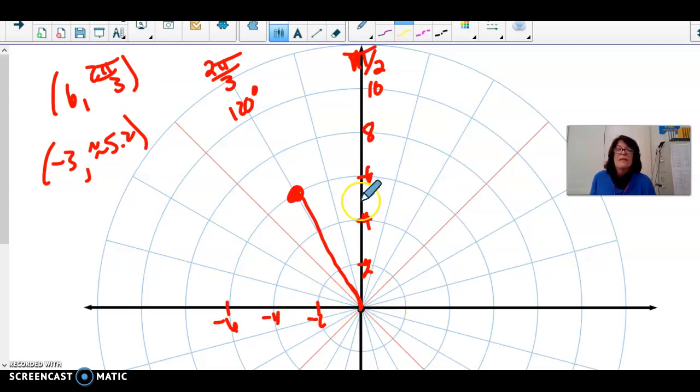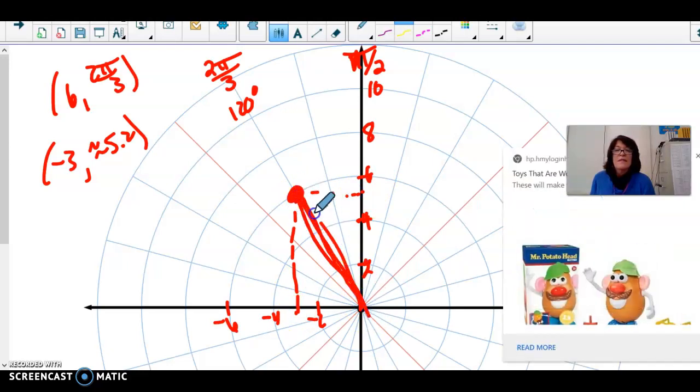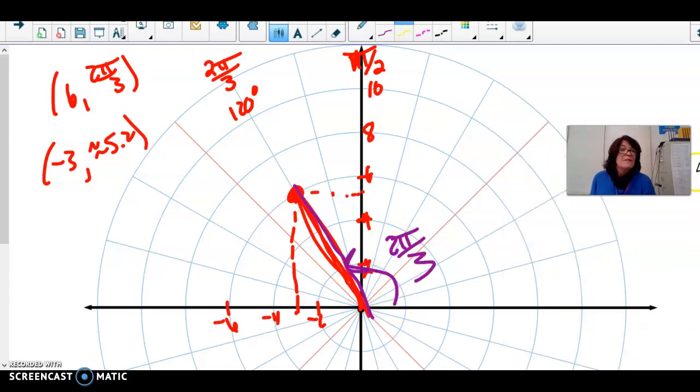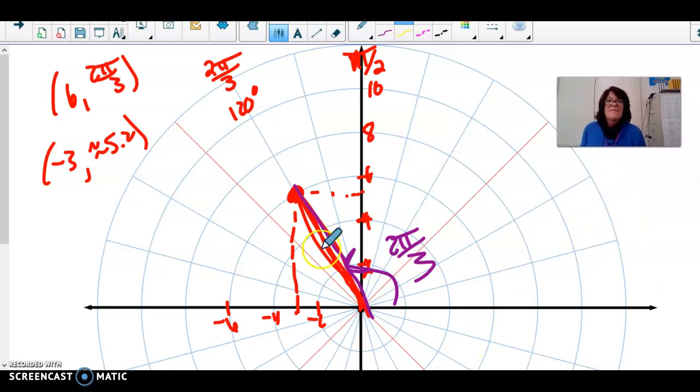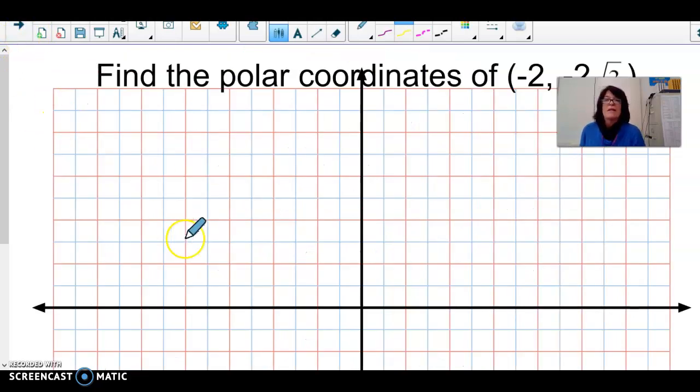Here's 5, so a little bit more. Yeah, that's the point, negative 3, 5.2, or it's something that has a radius of 6, 2, 4, 6, and is at the angle 2 pi over 3. Do you understand? Same point, described in polar coordinates or described in rectangular coordinates.